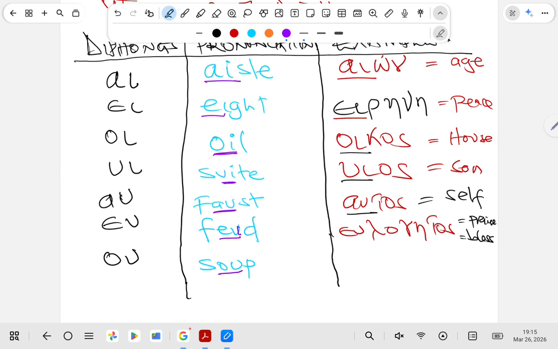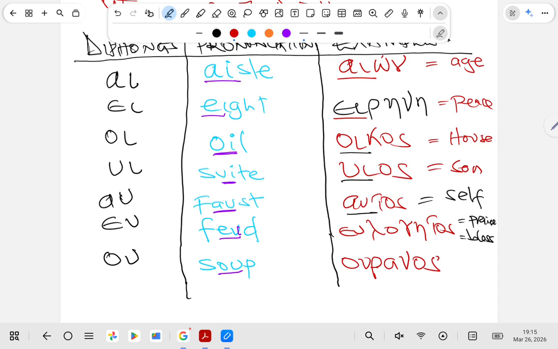So, omicron, upsilon, rho, alpha, nu, omicron, sigma, ouranos. You notice why I've been emphasizing that you need to study your alphabet and understand the sound of each of those letters, because we are able to pronounce this word using the unique sound of each of these letters.